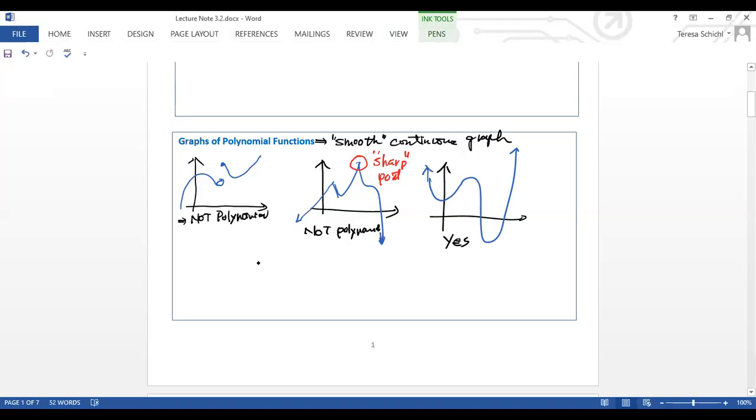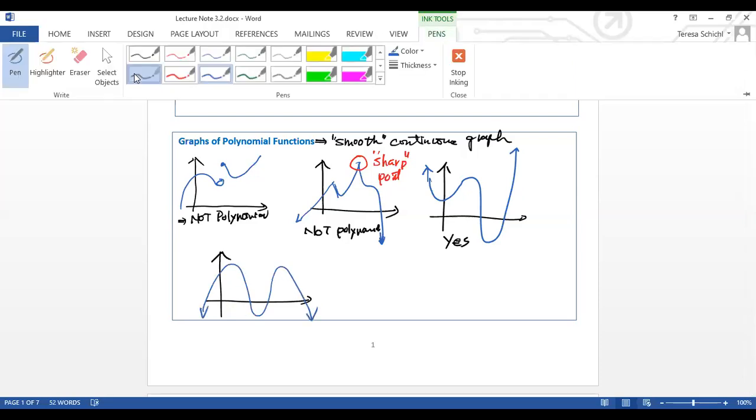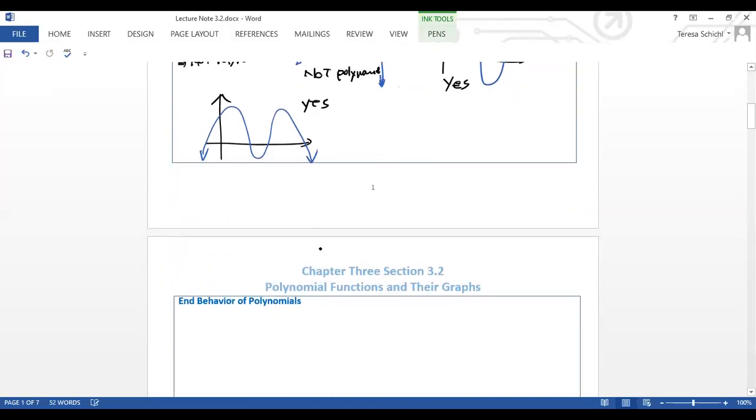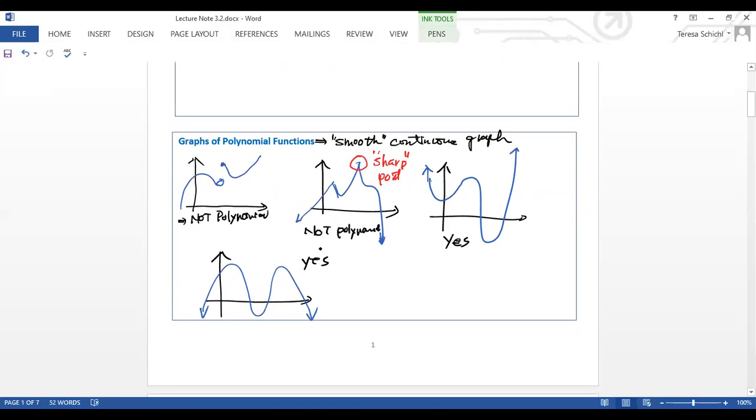And the same here: if I have a graph going like this, we will say yes, this is a polynomial. It's a smooth, continuous graph, so you cannot have any sharp point. So we know polynomials go up and down.